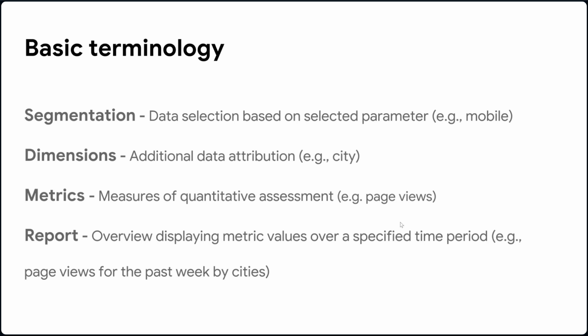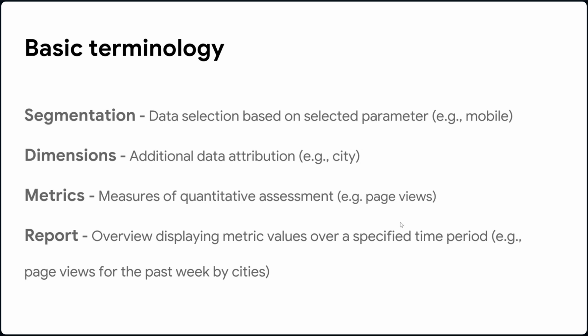And the second one is dimensions. Dimensions are essentially additional data points you can add to your reports. So let's say you have a breakdown of traffic by country, and if you add the dimension for city, right, then you see not just country, but next to it you see different cities, right? So it's one more granular level, right?